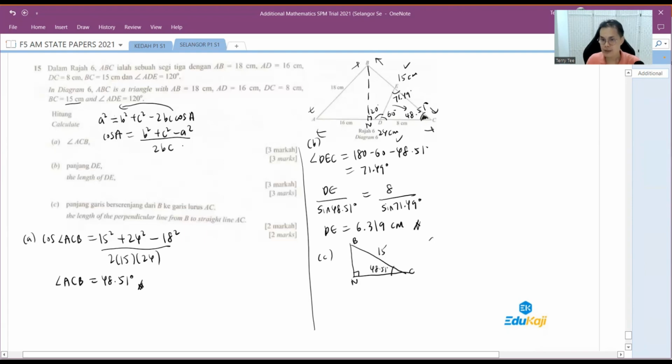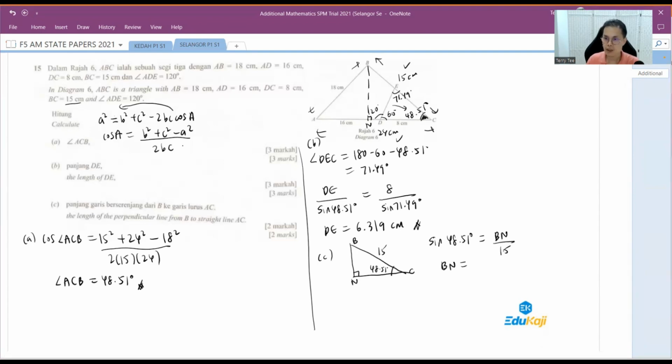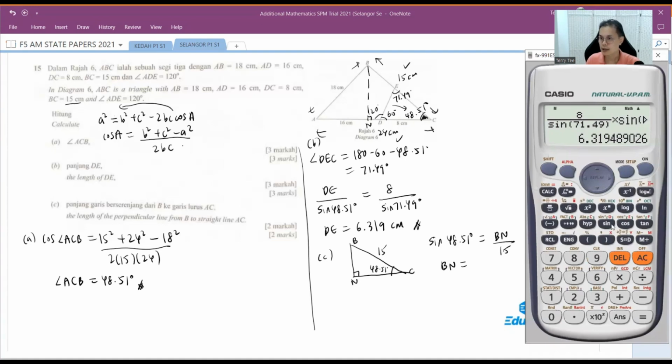We can just use sine, not even sine rule, no need to use sine rule, just use a basic SOHCAHTOA. Sine of this is BN over 15, so your BN will be what? Take sine 48.51, all right, multiply by 15, there you go, 11.24. Yeah, 11.24.